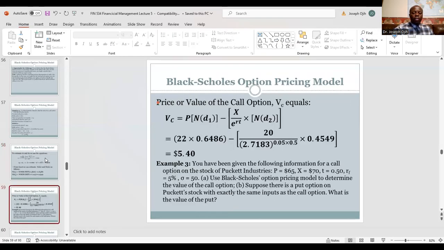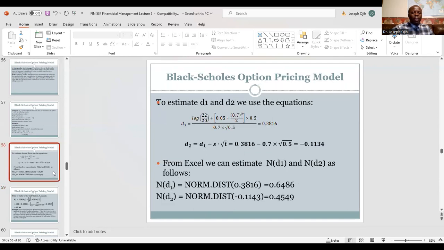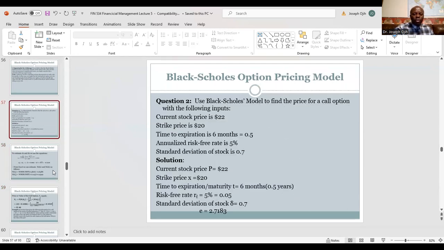Okay, $5.40. So what does this mean? They didn't tell us the option premium, so we can't make any decision here. But the bottom line is that it's a positive answer.